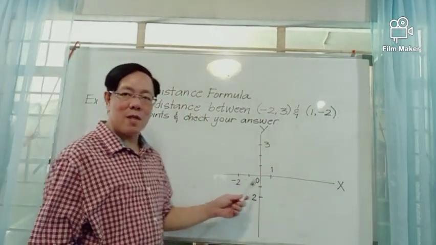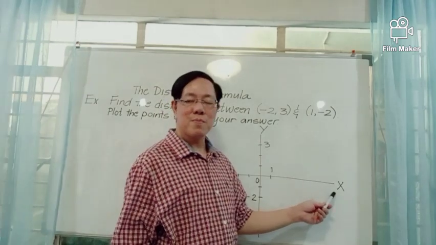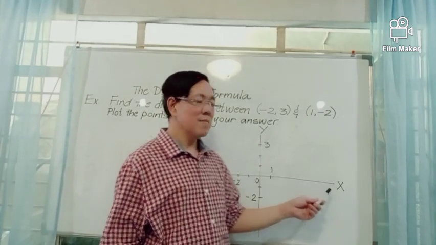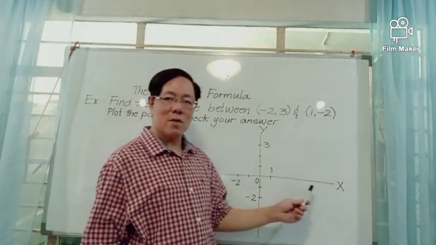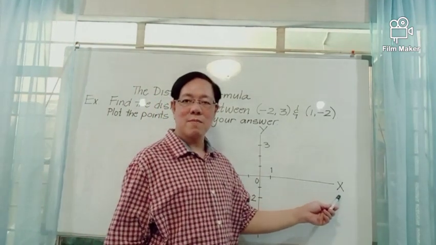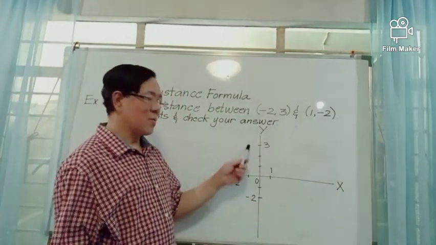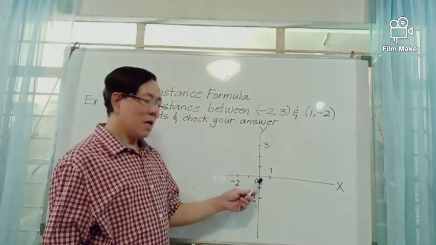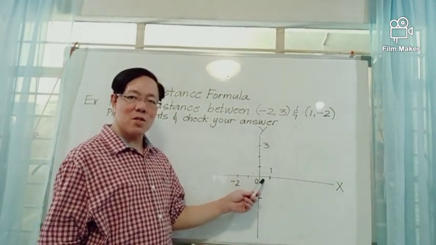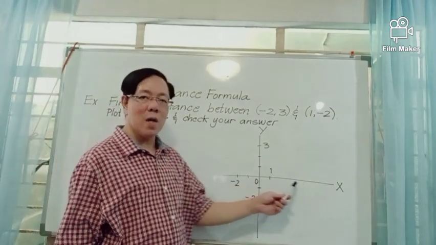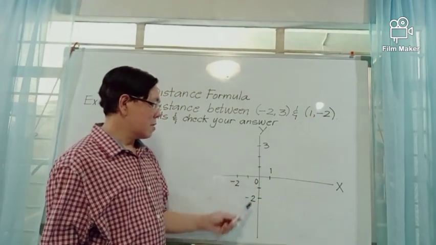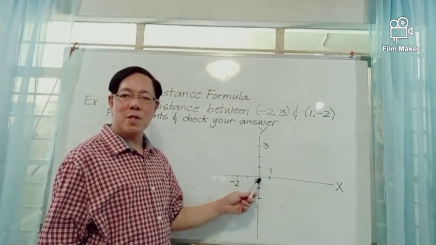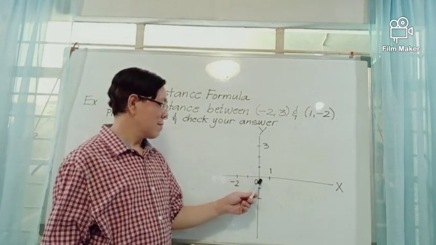Again, in the horizontal axis, we write the variable x. And we call this horizontal axis the x-axis. In the vertical axis, we write y, and we call this the y-axis. And we label the point of intersection of the 2 axes as the point 0 to indicate the origin.